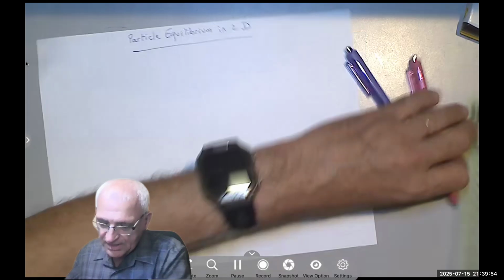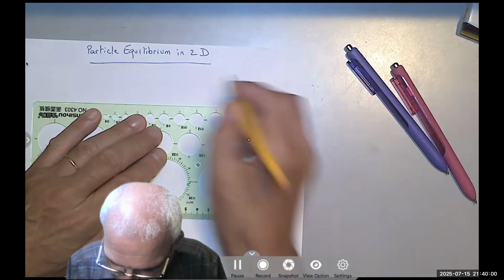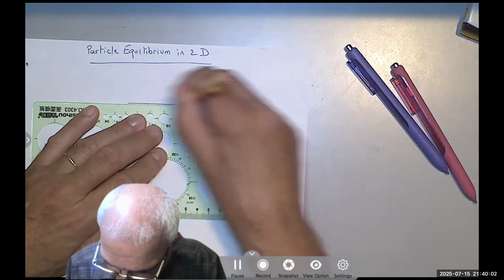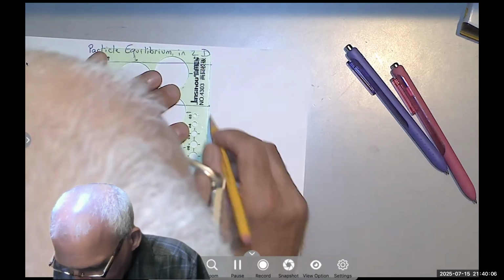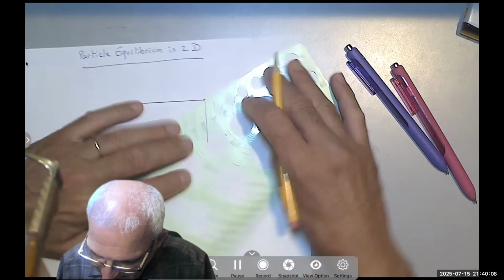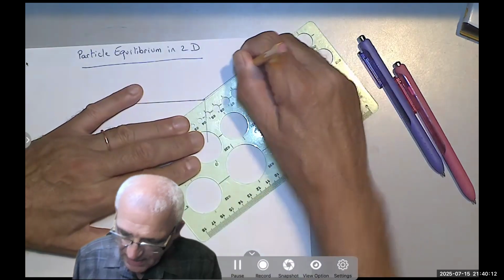Let's assume we have ropes or cables that look like that. I have a horizontal one, I have a vertical one, and I have an inclined one. Three of them. And they are connected.